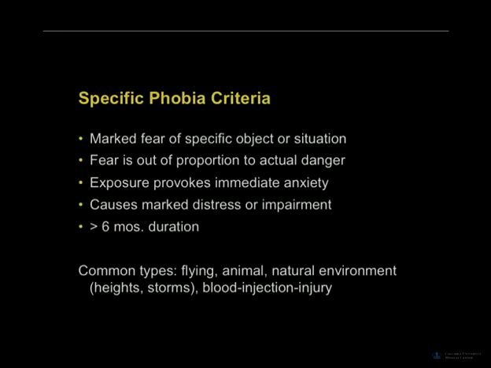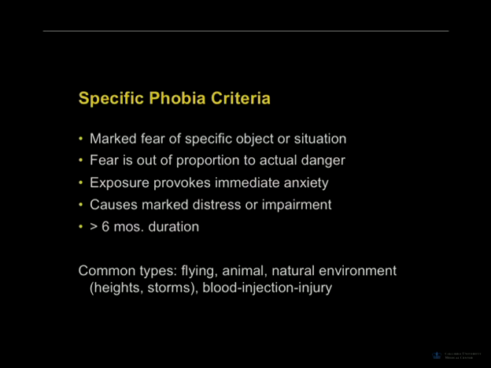Specific phobias are a much more circumscribed condition, going from generalized anxiety, which is probably the most broad, free-floating kind of anxiety condition, to specific phobias, which are very circumscribed about very particular situations. The most common types include fear of flying, fear of particular animals, spiders, snakes, natural environment type fears like fear of storms, fear of water, fear of heights.